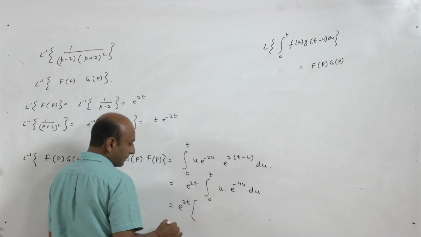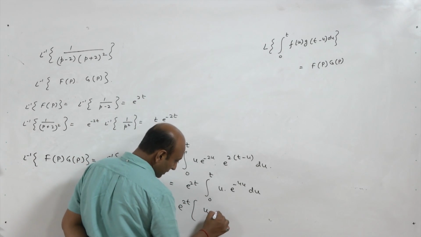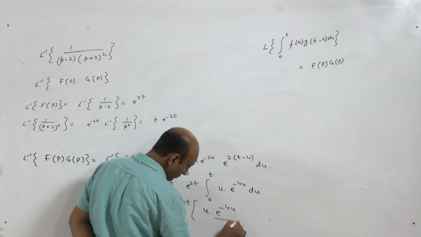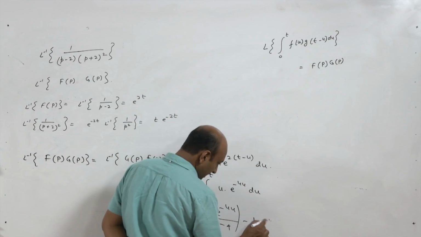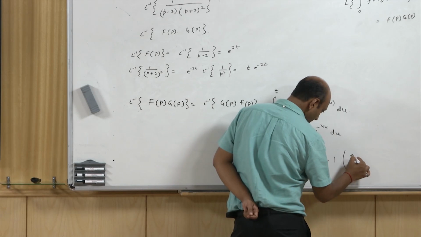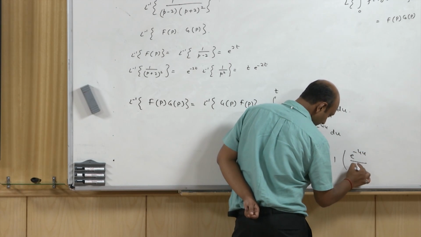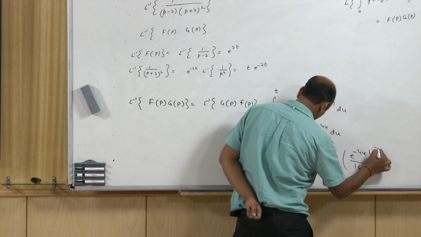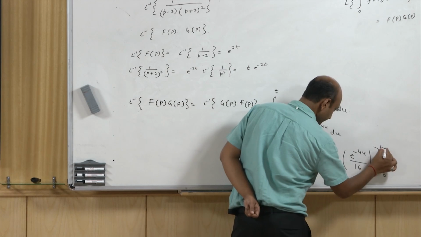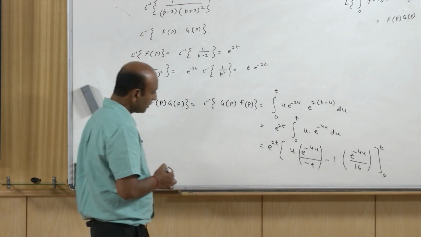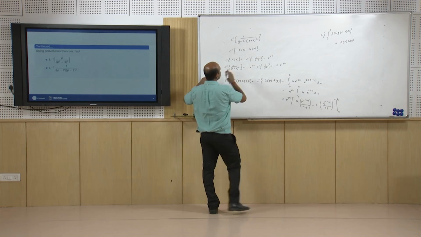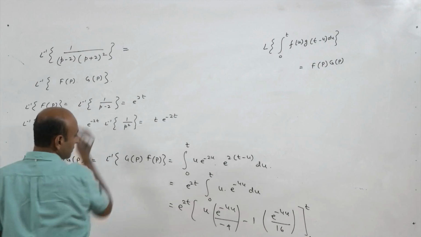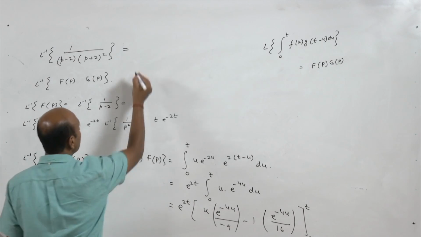So, when you integrate by parts, it is u e to the power minus 4u upon minus 4 minus the derivative of the first times the integral of the second, which is e to the power minus 4u upon 16, and the whole expression from 0 to t. So, when you integrate from 0 to t, the final answer of this expression will be nothing but e to the power 2t will come out.